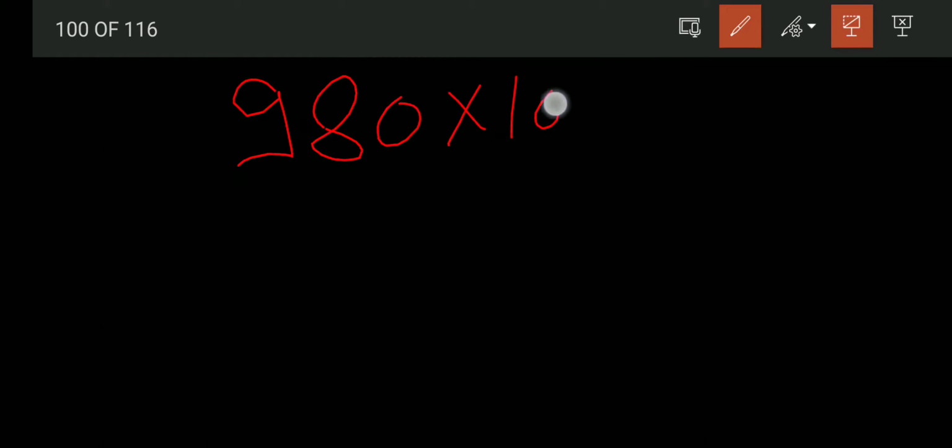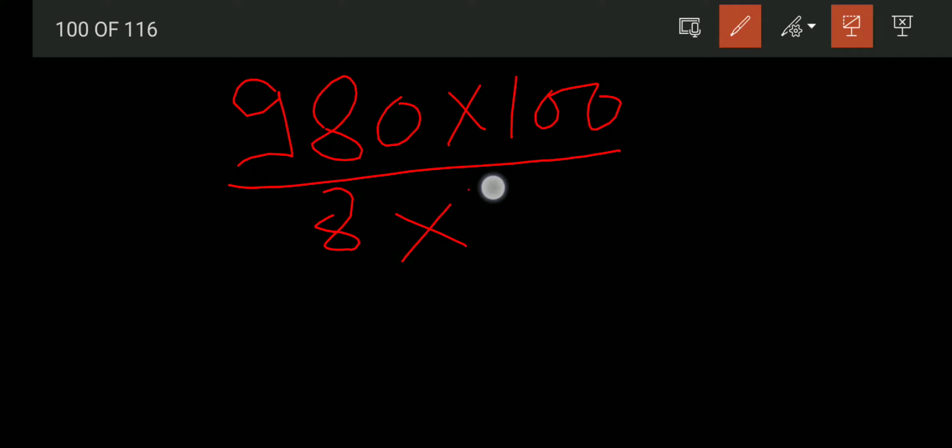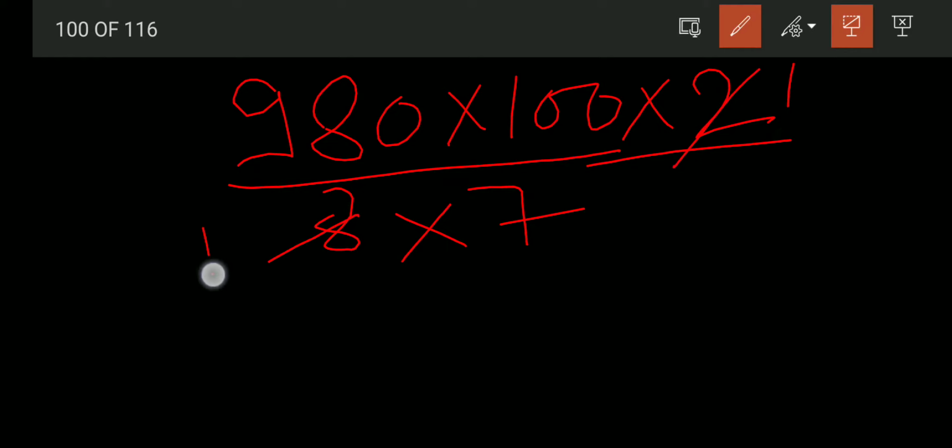So it will be like this: 980 into 100 divided by, rate is 8%, then 7 of the 7 by 2, and 2 goes and becomes numerator. Now we'll cancel. 2 ones are 2, 2 fours are 8. So now this will be cancelled. 4 2s are 8, 4s are 16, 25.